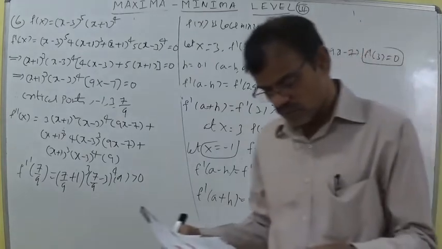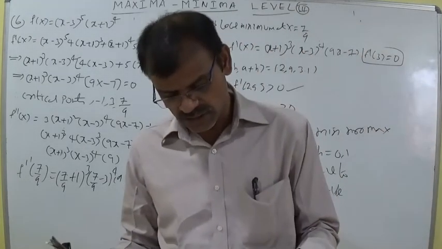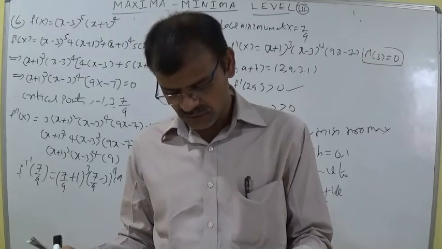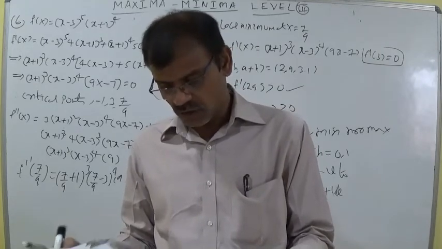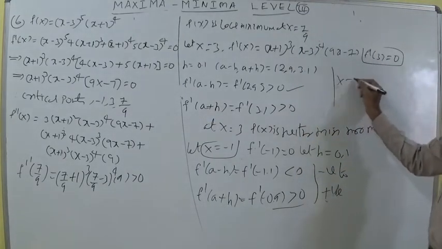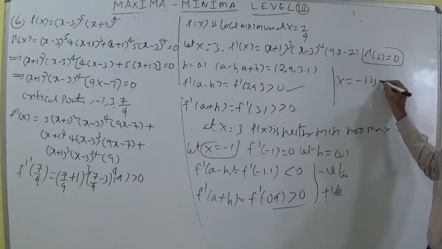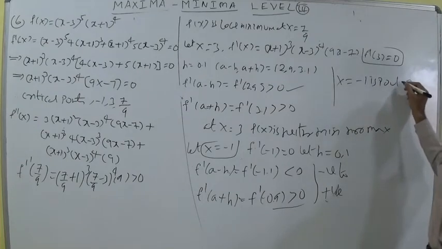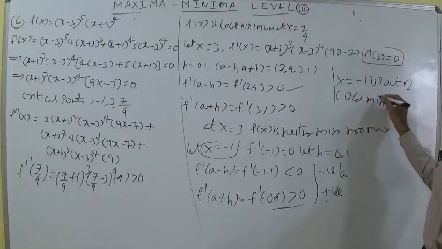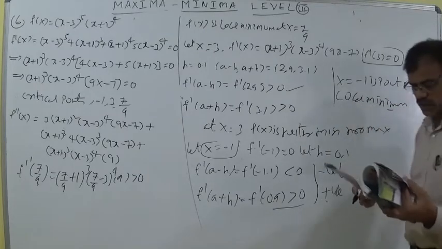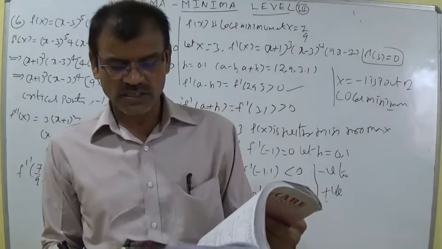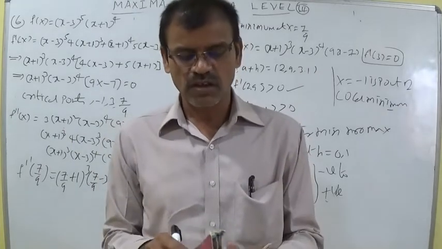The value positive to negative is local maximum, and local minimum if the f dash x changes from negative to positive. So x is equal to minus 1 is a point of local minimum. According to the options, f of x at x equal to minus 1 is given as a point of maximum.